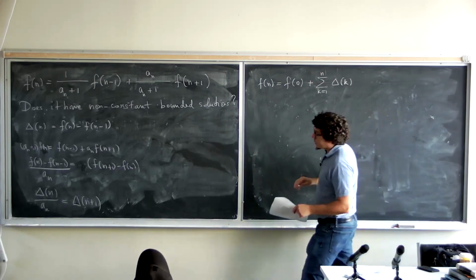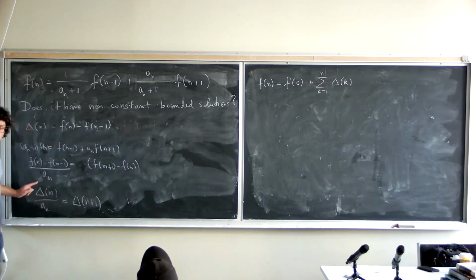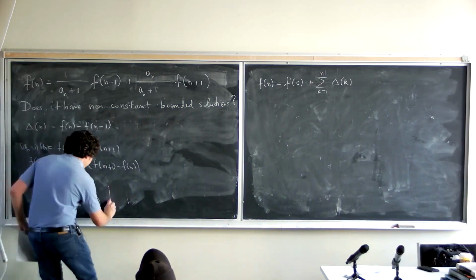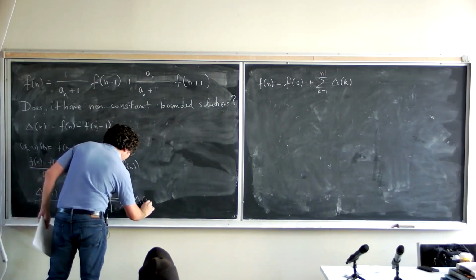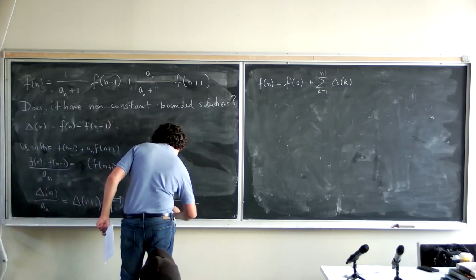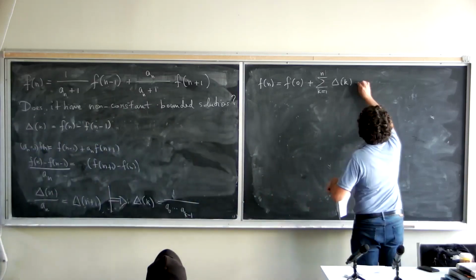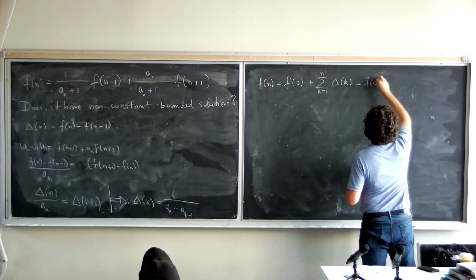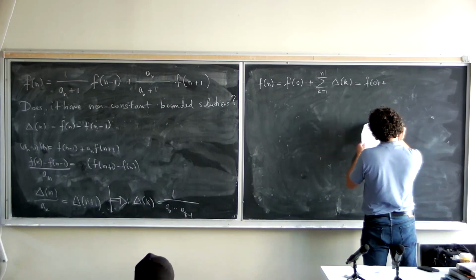And now by induction, you can see that delta k is 1 over A0. Okay, right. So from here, you see that delta k is 1 over A0 through A k minus 1, I think. Just this. Right. So this is f of 0 plus the sum.